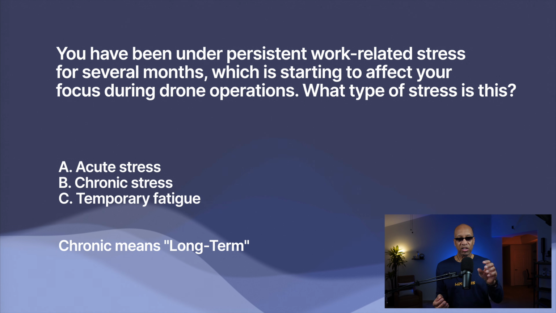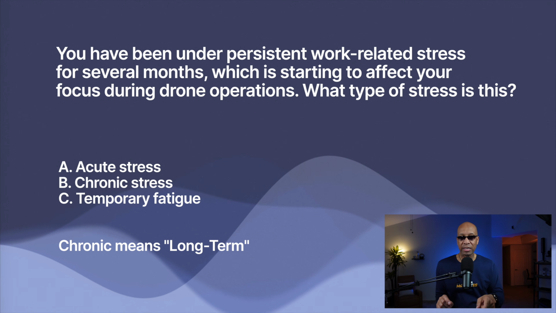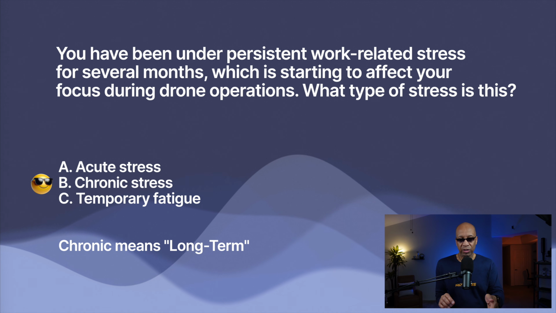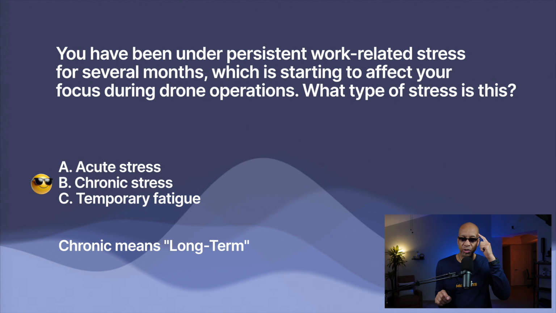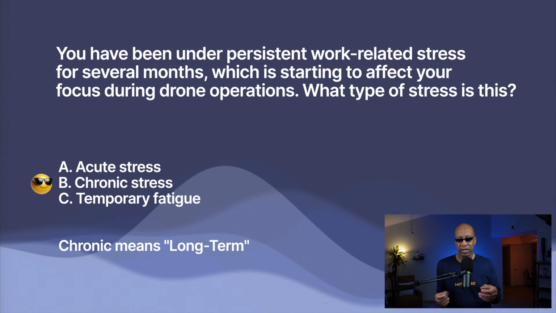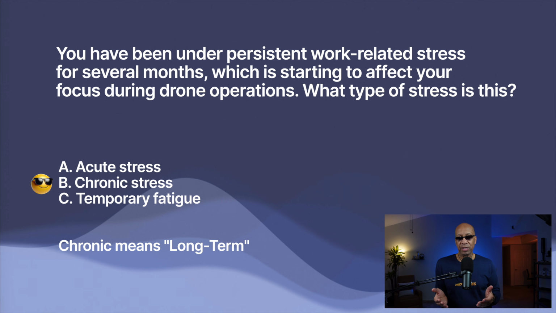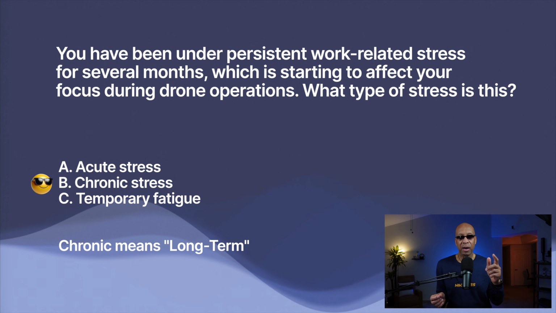Well, before you even looked at the answers, you would already know what that answer is in your head. So looking at the answers after you've read the question is just mere confirmation of what you already know in your head. The explanation for this is that chronic stress is a long-term condition and it negatively affects your performance and decision-making. Part 107 pilots must manage this to maintain safe operation.